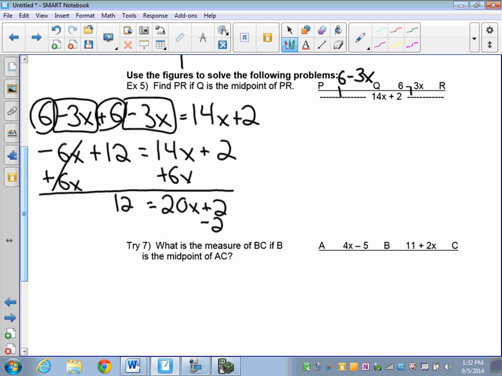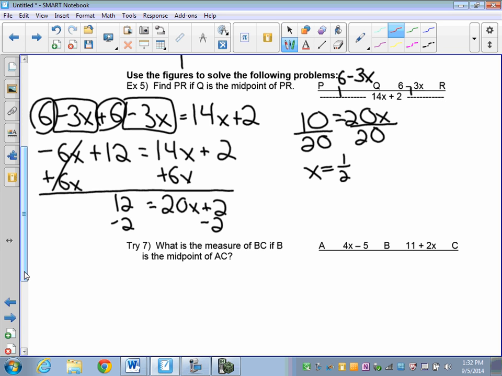When I subtract 2, I'm going to get 10 is equal to 20x. And I'm going to divide by 20. X is 1/2. So I'm asked to find PR. So PR is equal to 14x plus 2.